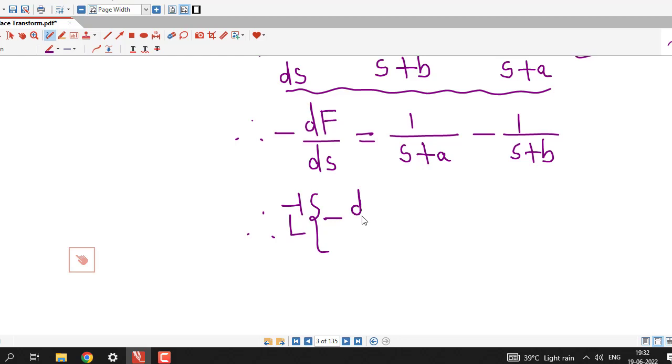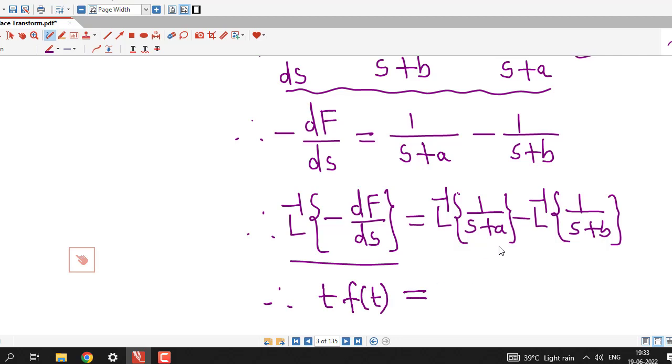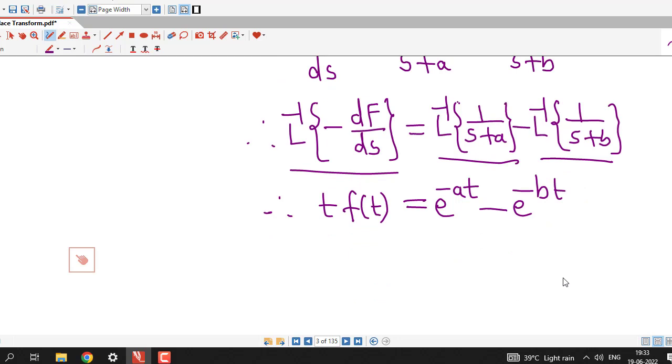L inverse of minus dF by ds equals L inverse of 1 divided by (s plus a) minus L inverse of 1 divided by (s plus b), and this is by formula t times f of t. L inverse of 1 divided by (s plus a) is e raised to minus at, and L inverse of 1 divided by (s plus b) is e raised to minus bt, and we are interested in f of t, which is the inverse Laplace transform of capital F of s.